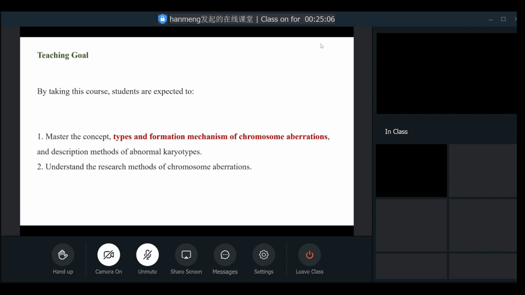You just need to learn the simple description method, because abnormal karyotypes have simple and detailed description methods. You just need to grasp the simple description method. Second, you should understand the research methods of chromosome aberrations.